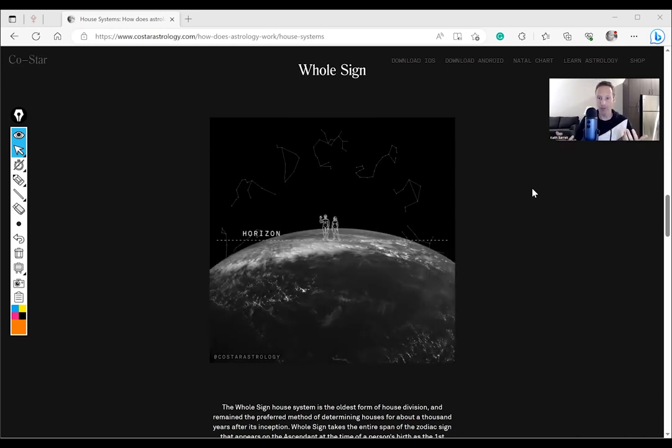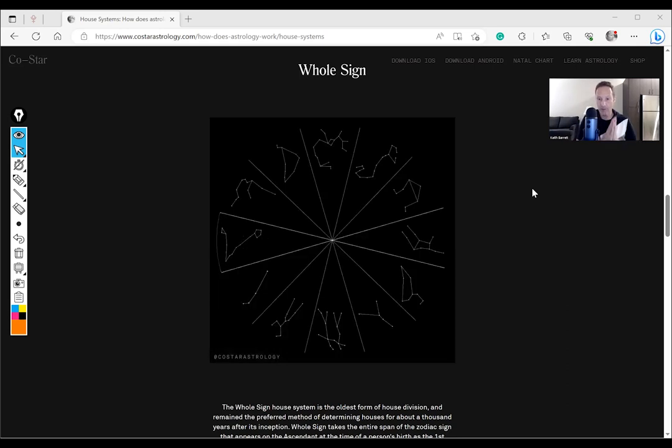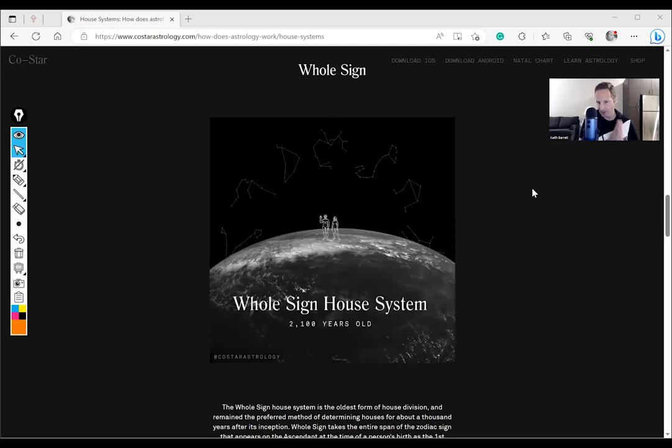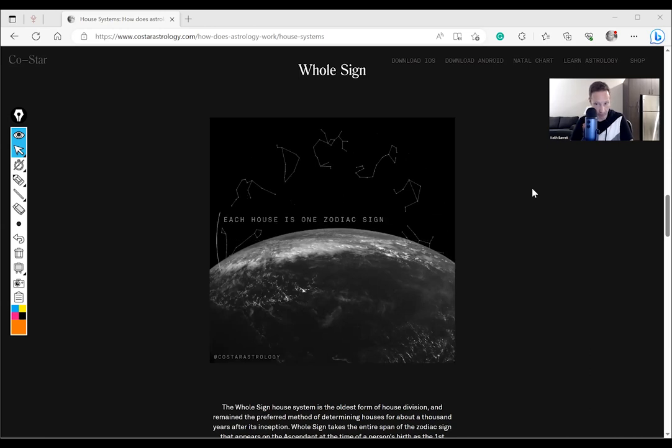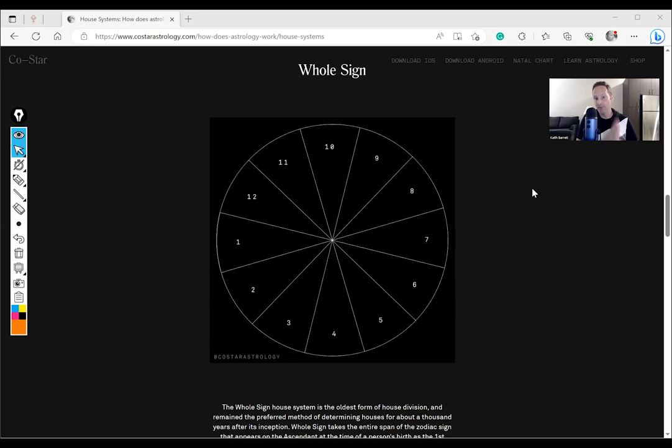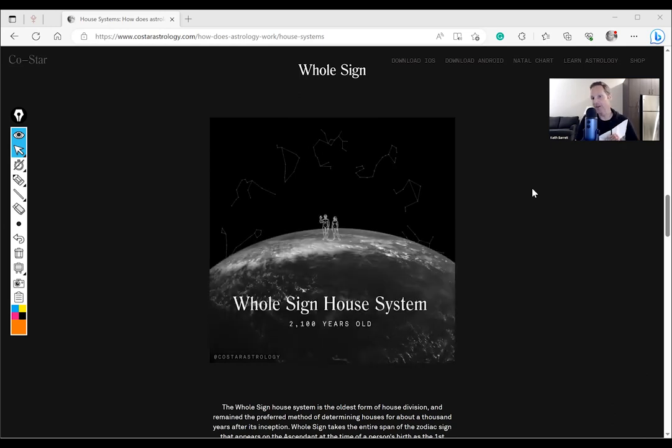So an example that I am using now is in my chart, I have Pisces that's part of my third house, and Pisces covers part of my fourth house in the Porphyry house system. If I was to use whole signs, Pisces would just be my fourth house.